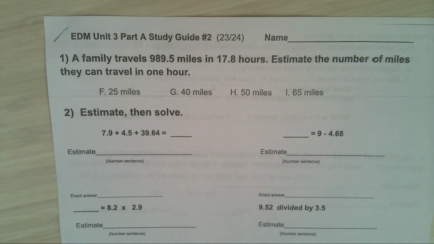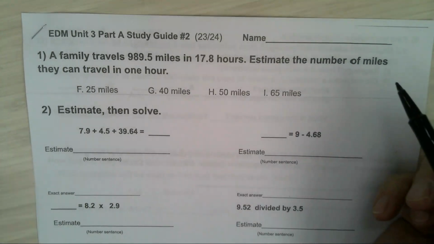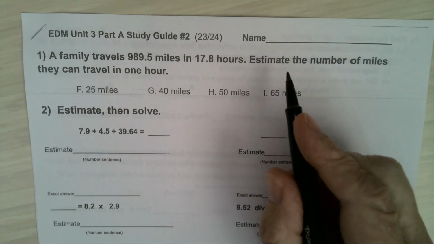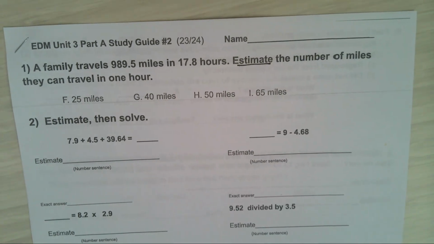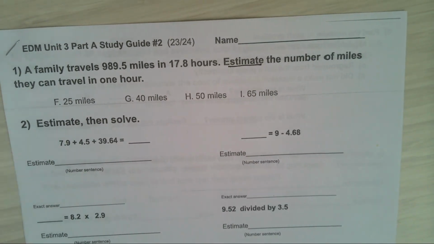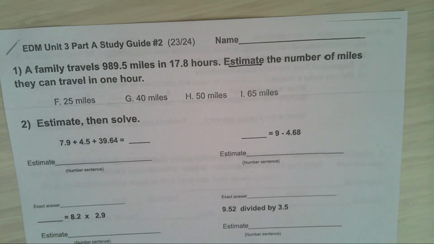Okay, so we're going to look at how to get the answers to the problems here. And number 1, you are going to divide. You're going to round it because it says estimate. The nice thing about estimating is you don't have to have the exact numbers. You can make them friendly numbers.